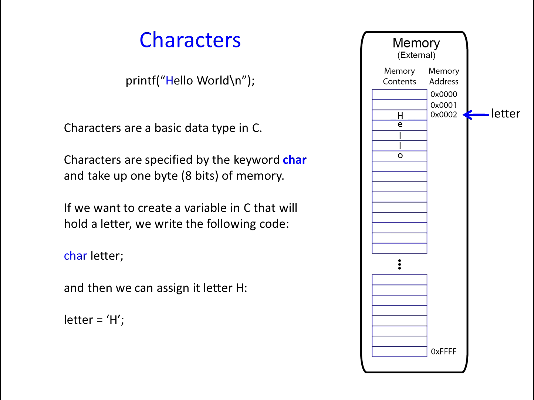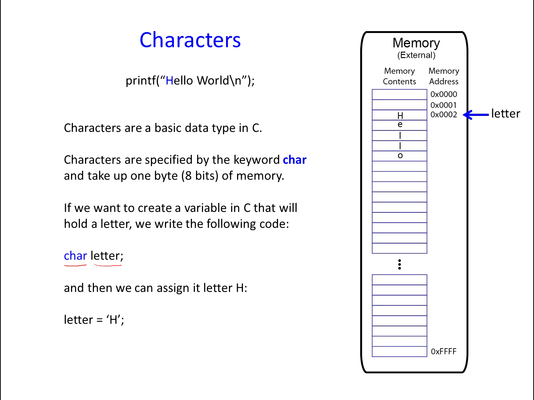So a data type that stores letters is known as a char or a character, and we can create a variable that will store letters. In this case, we have the variable name letter.